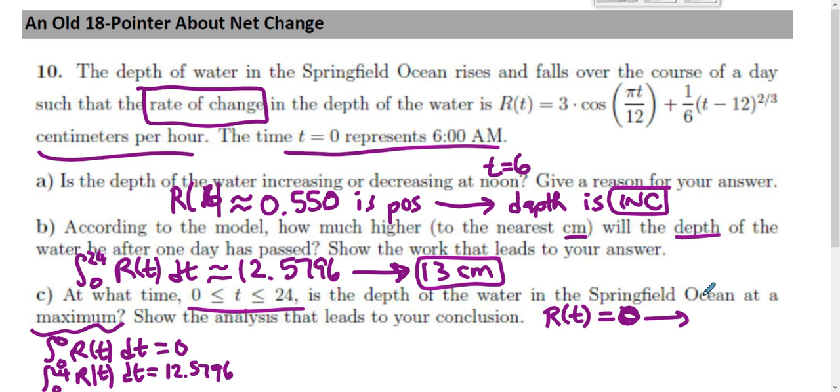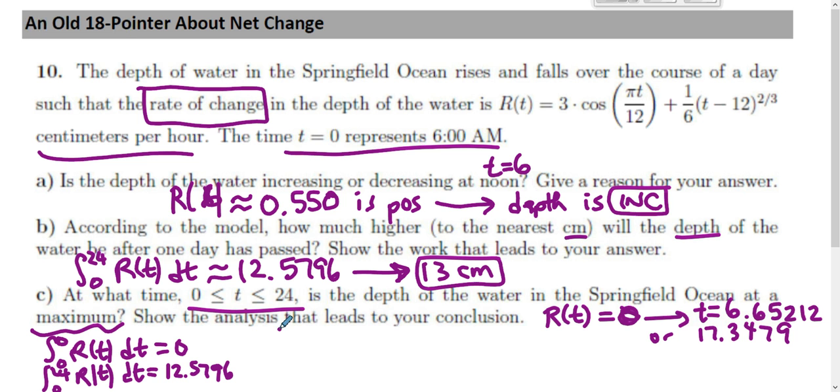So this happens, you can figure this out on your calculator, at time equals 6.65212 or 17.3479. These are critical points. These are places where r is 0. r is the derivative of the function that measures the depth of the water.